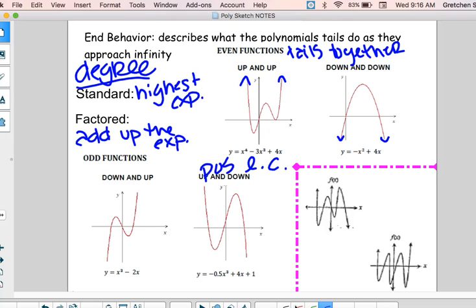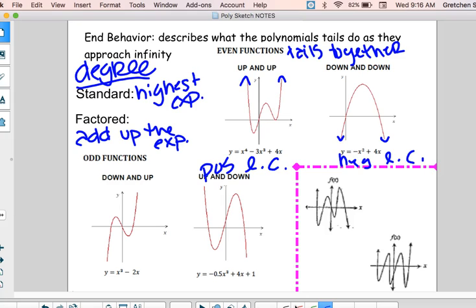So whenever I write LC, leading coefficient, you're starting with a positive number. This rule you already know from quadratics. If you have a positive A term, it goes up. If you have a negative leading coefficient, then which way does it go? Down. So the even ones, those are the easier ones because both go up, both go down.